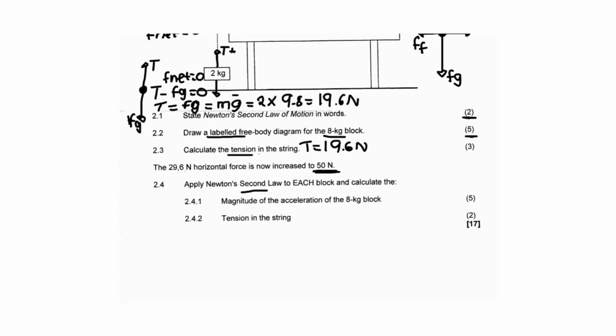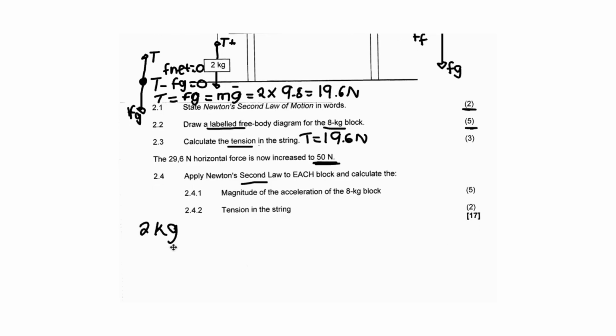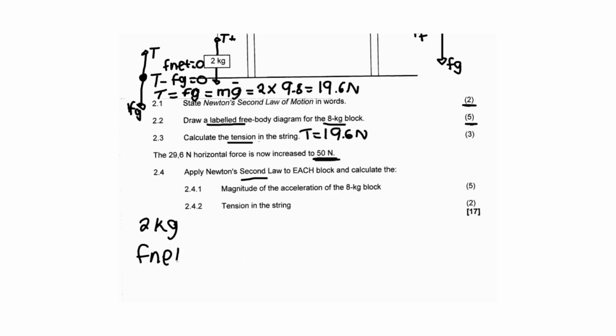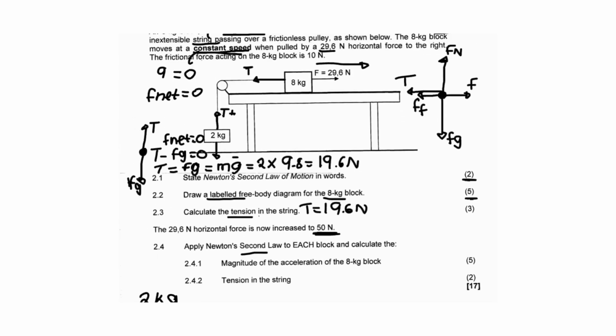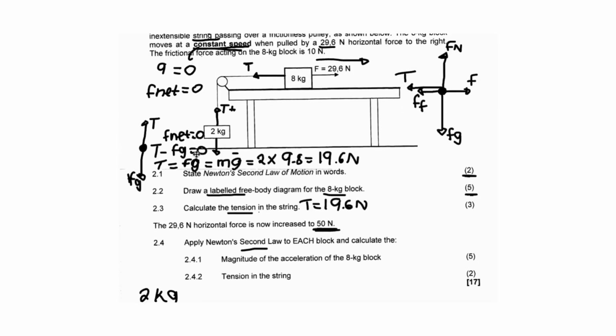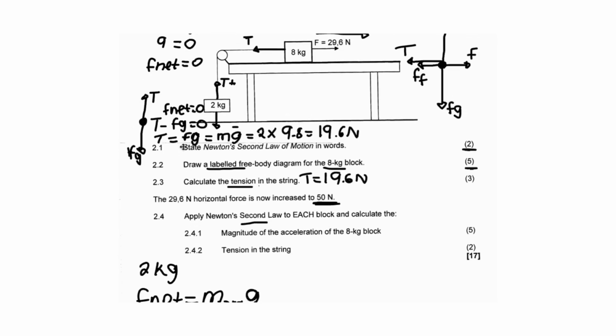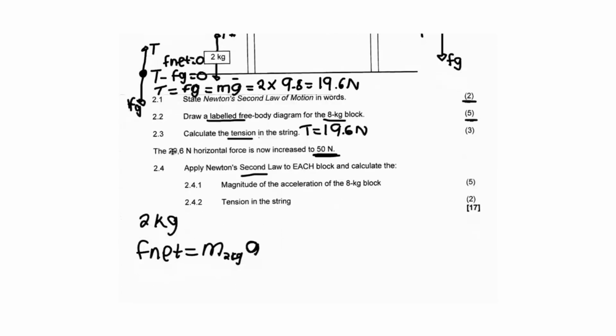Because they also said we must use Newton's second law on each block, I'm going to start with the 2 kg. For the 2 kg, Newton's second law is F net equals the mass times acceleration, 2 kg times acceleration. And because it is on the same string, it's the same acceleration for both the 8 kg and the 2 kg.